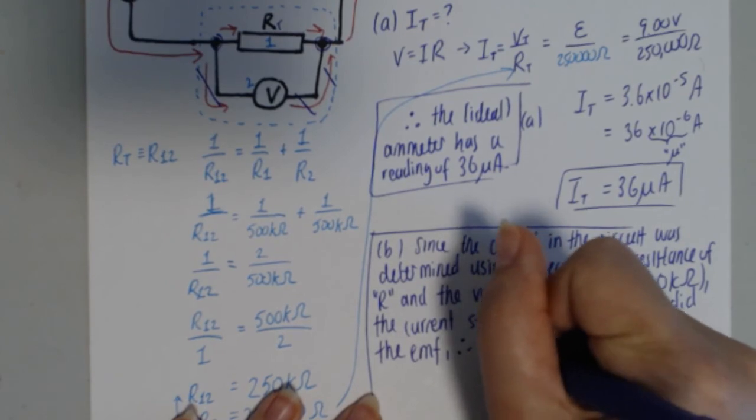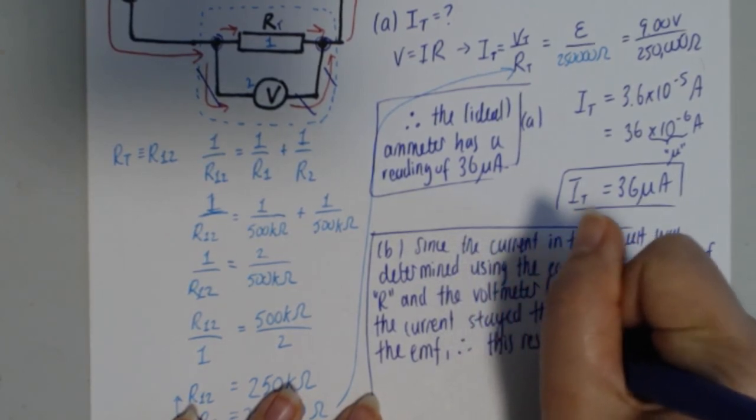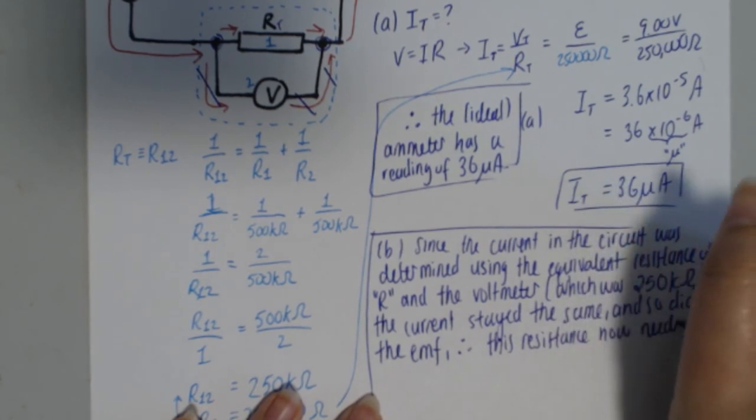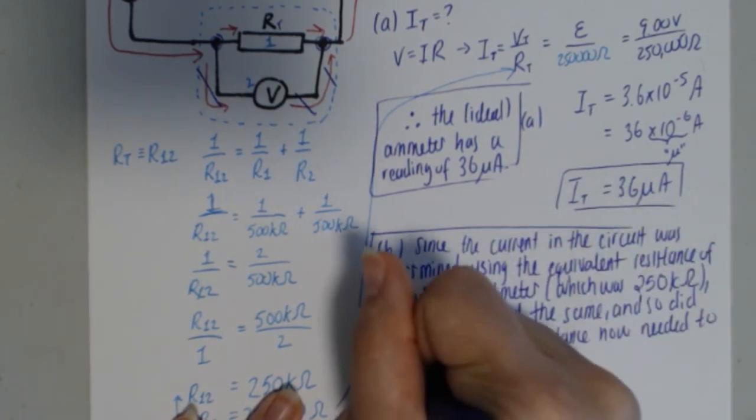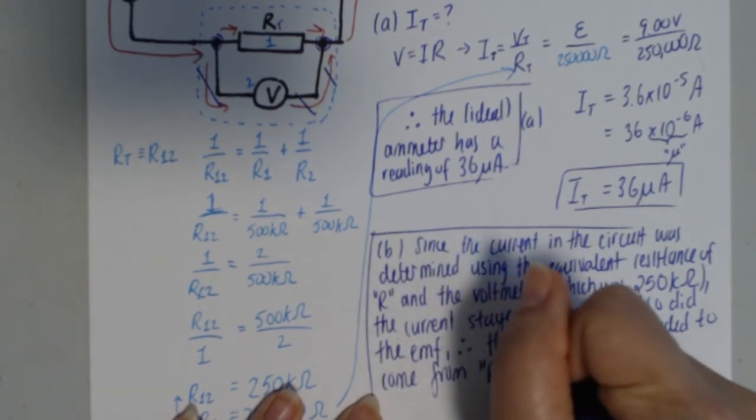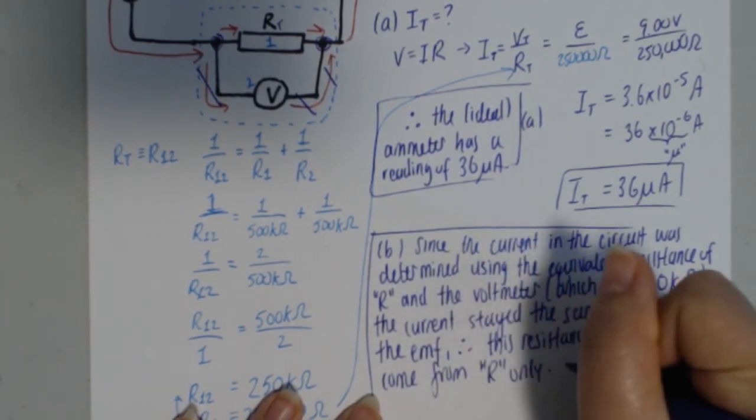Therefore, this resistance now needed to come from R only, right? So no voltmeter.